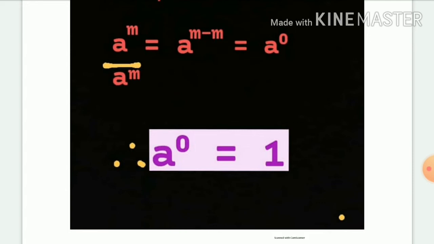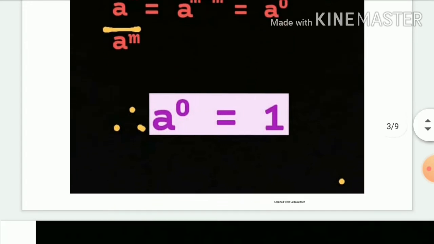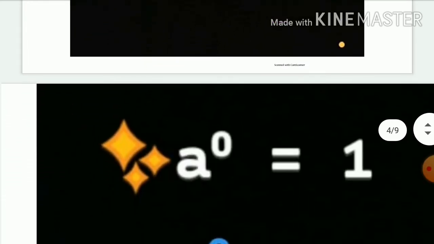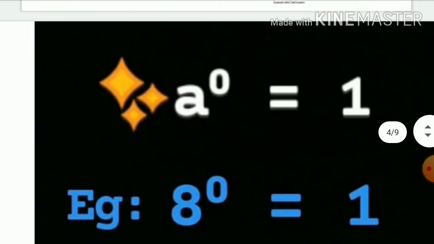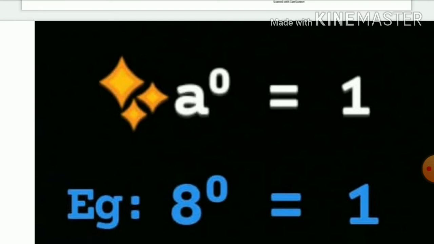Okay, it means any base raised to 0 will give you the answer 1. Any number you can take which is raised to 0 will give you the answer 1. For example, as I just told you, 8 raised to 0 equals 1.